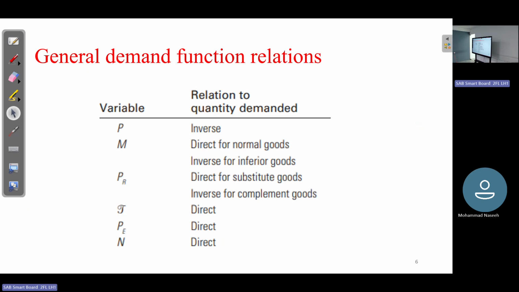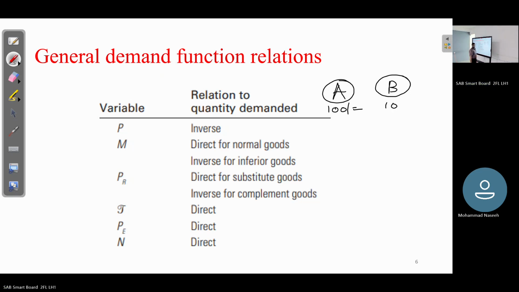In explaining that, assume that there are two products, A and B. Here we see the book. The price of each product is 100 rupees. A is the selected product.